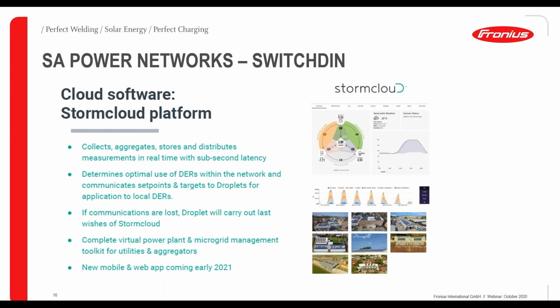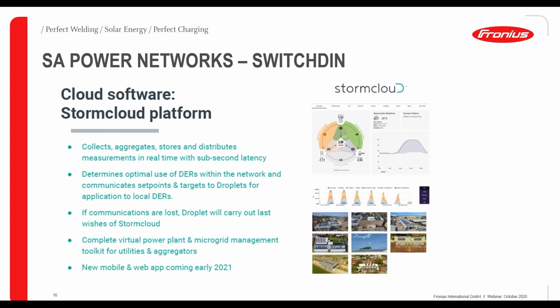They also have a cloud platform called Storm Cloud, which aggregates and stores energy data, and it can also work with other forms of DR. It can work independently if it loses communication.